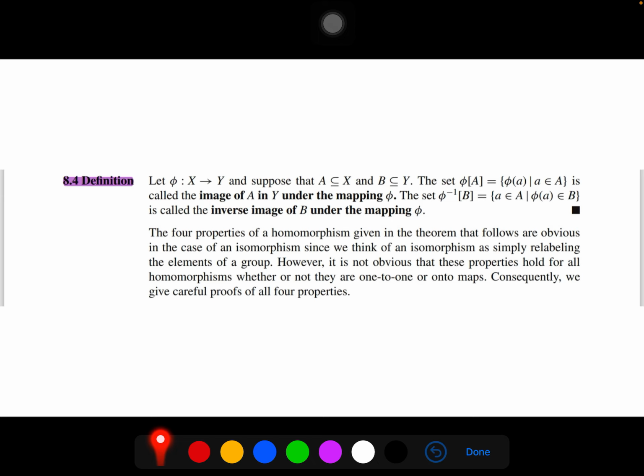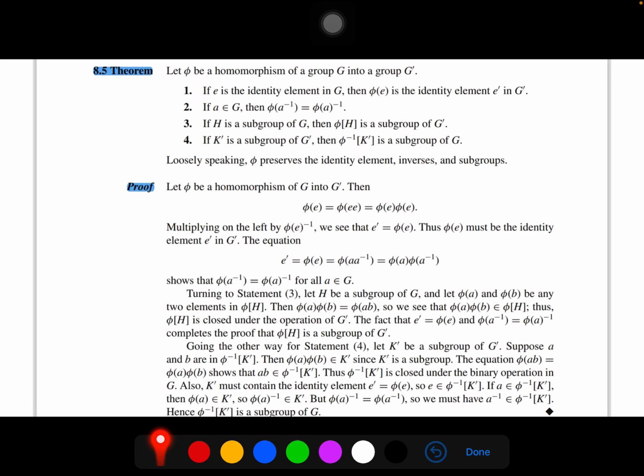In terms of isomorphism, it's easy, because it has a one-to-one and onto mapping. We are interested in the homomorphism properties. So this is Theorem 8.5, an important theorem about homomorphism. What can we conclude if we have a group homomorphism like what we had in the previous 2 examples? We have touched a little bit on the identity and inverse above.